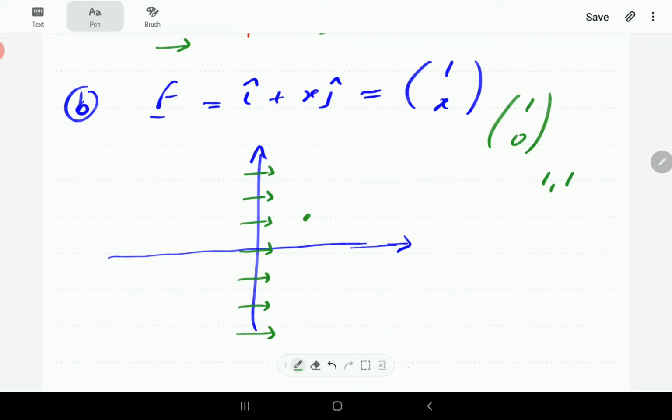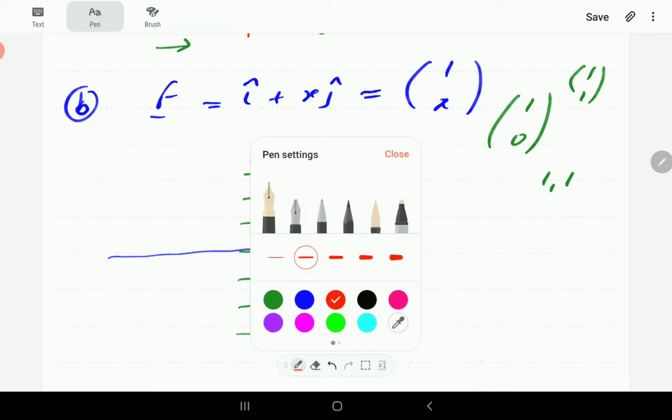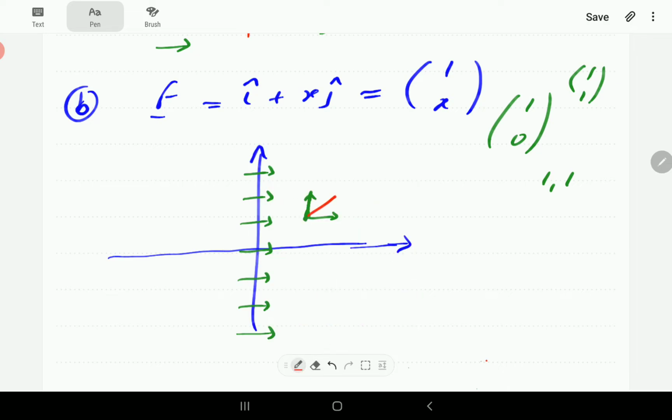If we plug it in here, it's going to give us the vector (1, 1). Vector (1, 1) is saying we have magnitude 1 in the x component and 1 in the y component. So the resulting vector is going to be this one here.